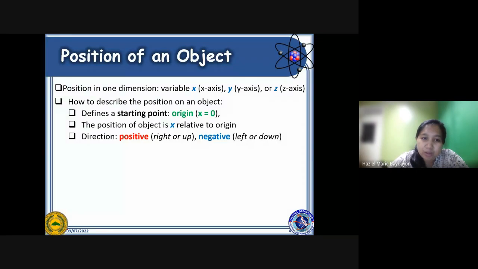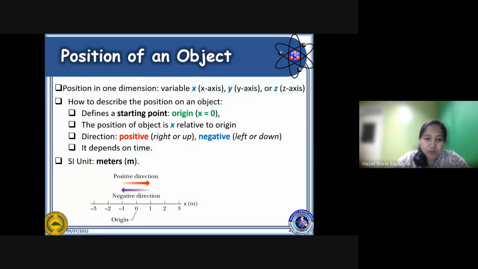So you'll have a positive direction, and then negative siya if left gikan sa origin or downwards, okay? And it is dependent on time. So the position of an object is dependent on time. Okay, so the SI unit of position is meters, denoted by letter m.